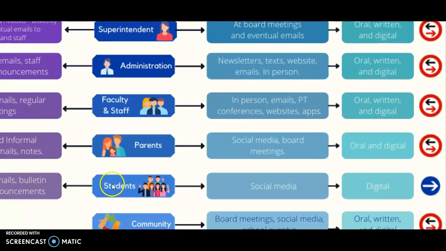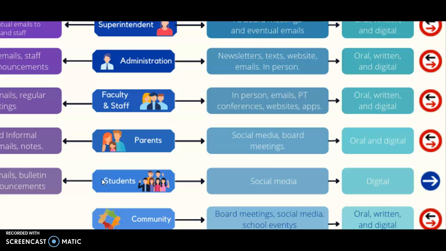When they communicate with the community, they usually use social media, and it's digital communication, and is one-way communication. So students usually don't participate in meetings with questions and answers in my elementary school. Usually students in the middle school years do use social media to talk about school.